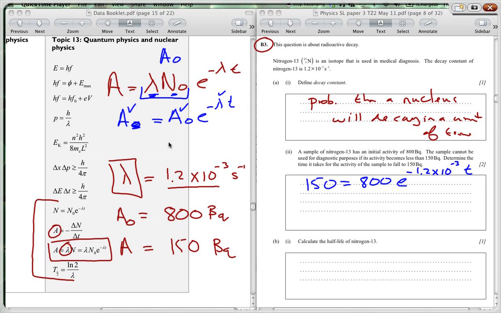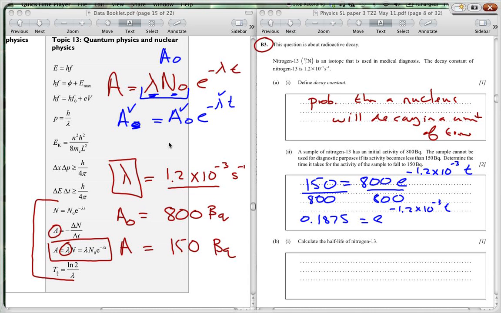We're going to need to use our calculator. So obviously we'll divide 150 by 800, and we get 0.1875 is equal to e to the minus 1.2 times 10 to the negative 3 t.